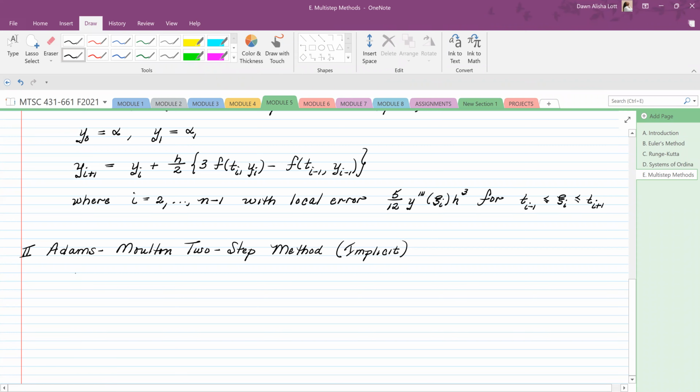So this one is y naught, again, equal to alpha, and y1 is equal to alpha 1.